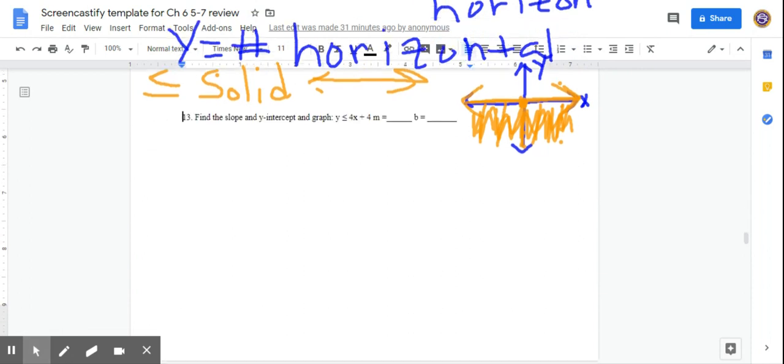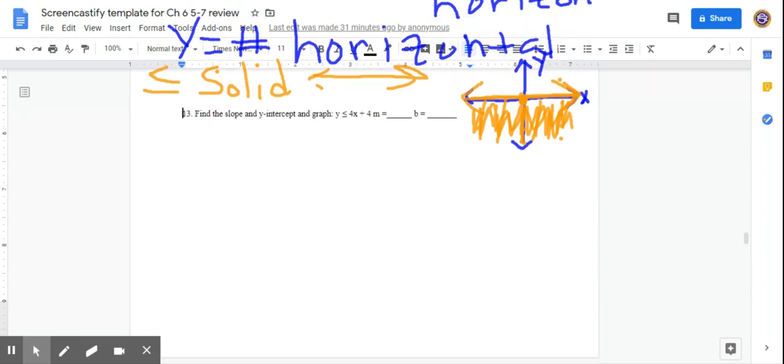Number 13. Number 13 says find the slope and y-intercept of the graph y is less than or equal to 4x plus 4. It's already in slope-intercept form because y is by itself, so we don't need to do any work.